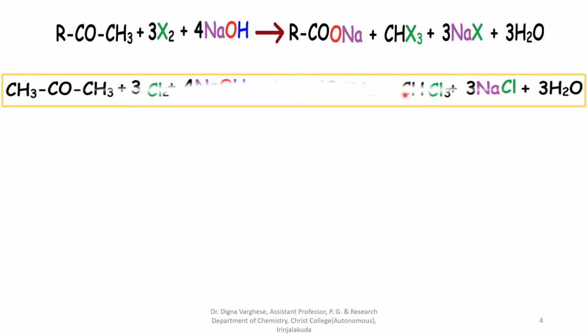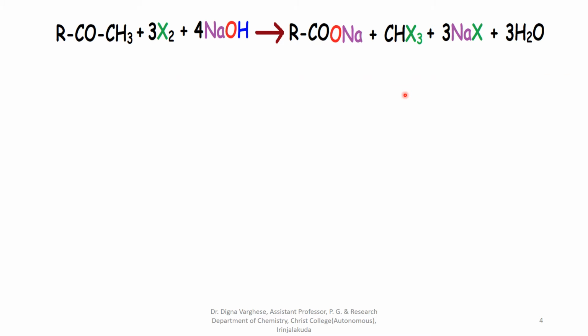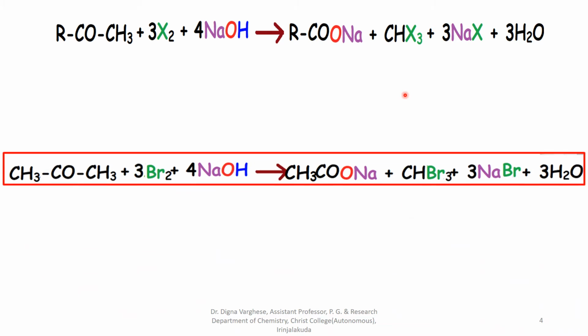The next reaction is if the halogen atom is bromine. Here you can see the acetone reacts with bromine. In the presence of sodium hydroxide, it forms sodium acetate and bromoform. Here you can see its formula CHBr3, that is bromoform.